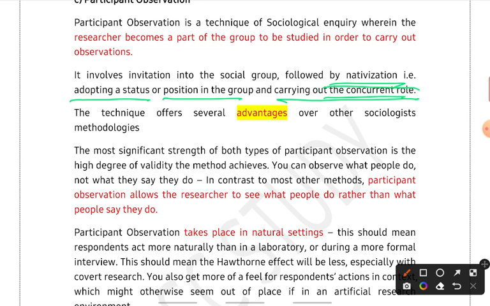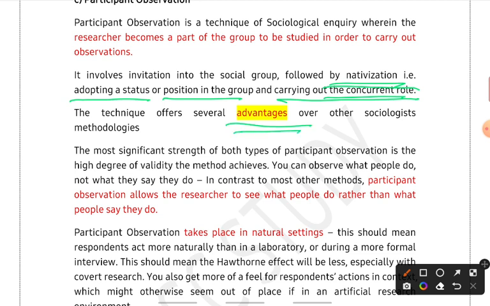He tries to make himself a native of that particular tribe in order to get a reception in that tribe. So that is how he tries to study the social institution. Now what are the advantages of it?